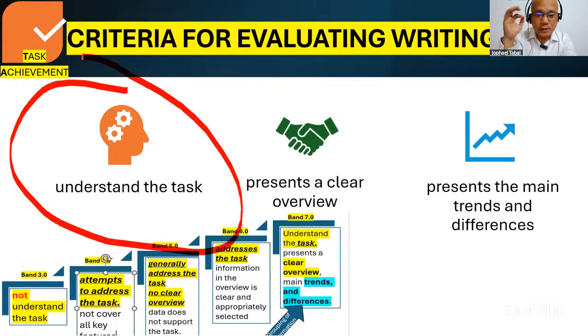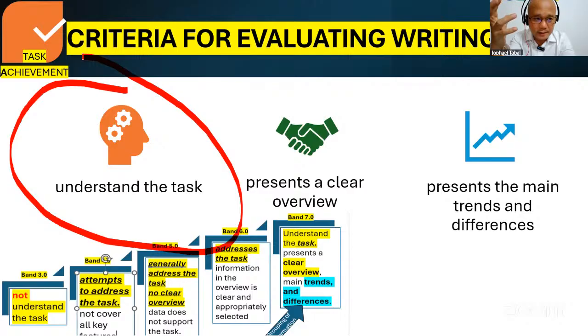Here we learned 3 key points in understanding the task: we have to understand the essay type, the structure, and the subject. The most crucial one is understanding the subject. Presenting a clear overview is pretty easy to identify in a data essay. We should only identify the group that shows the same pattern, right?